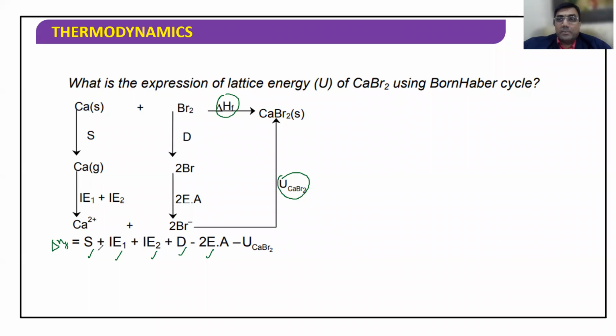So what are the series of steps? Sublimation energy plus IE1 plus IE2 plus dissociation energy plus electron affinity and lattice energy. The summation of all these is equal to the one-step heat of formation of CaBr2 from its constituent elements. I hope you understood this. So this is Hess law, the Born-Haber cycle.